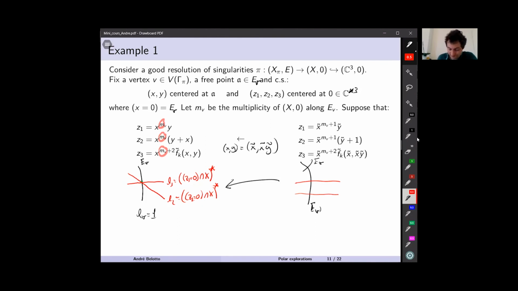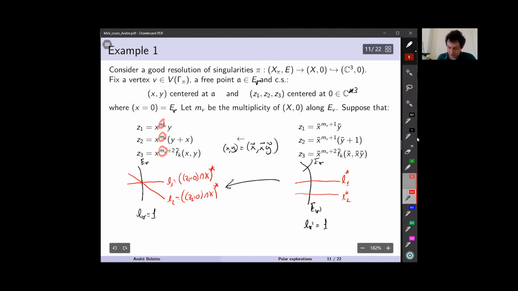So we resolved it. Once again, it follows in an immediate way just by the expressions that LV prime is now equal to 1. And the point is that when we blow up this base point, the multiplicity increased.